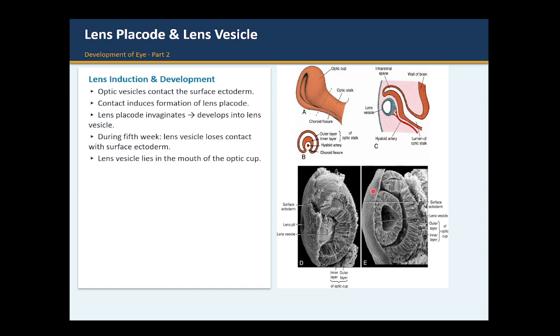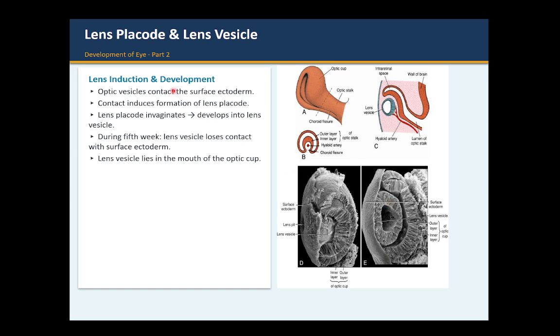It is going to stimulate the surface ectoderm to produce something else, which is called the lens placode. And this lens placode is going to detach itself after a while from the surface ectoderm. Because it is lying just behind the lips of the optic cup, which is the pupil, behind this is the lens placode, which is going to give rise to the lens. Everybody understands this?